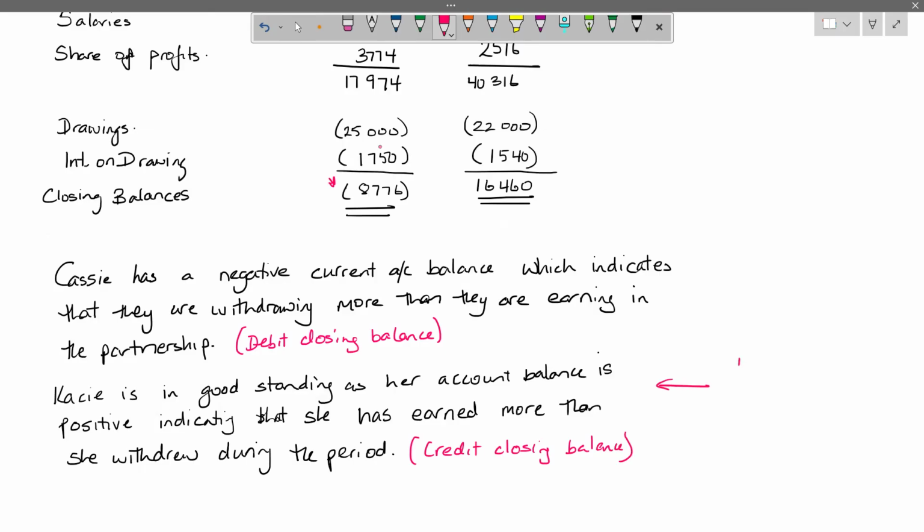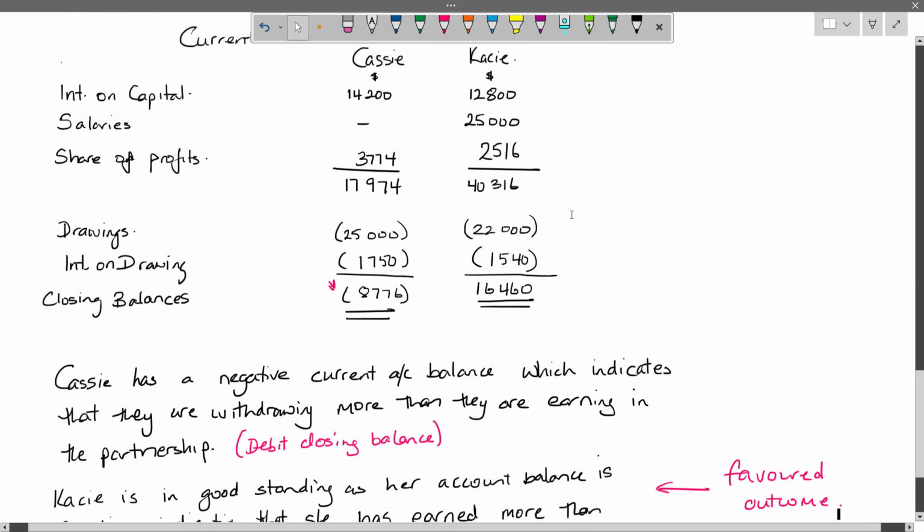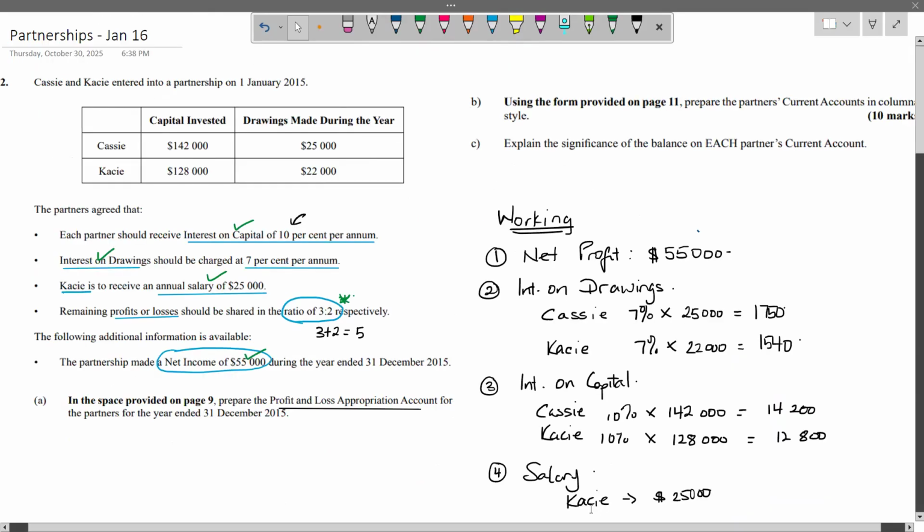This is the more favored outcome, credit balances, right? We don't want to see these debit balances because that's not beneficial to the partnership. Yeah. And that concludes this question.